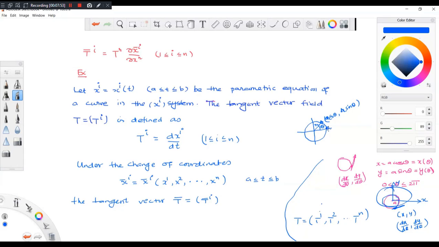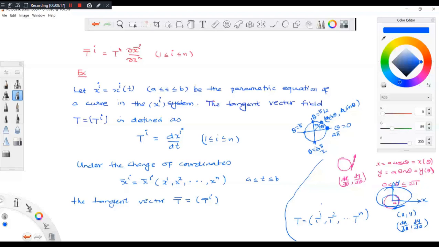When theta equals 0, my point is this. This corresponds to theta equal to 0. This will correspond to theta equal to pi by 2. This will correspond to theta equal to pi. And this will correspond to theta equal to 3 pi by 2. And this will again come back to 2 pi.